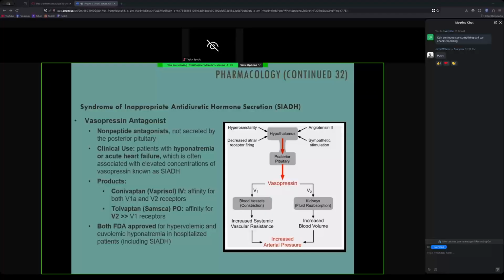And the Samsca or the tolvaptan is oral, and it's much greater selectivity for V2 over V1. Same kind of situation we saw with the desmopressin versus vasopressin. So both of the vaptans are FDA approved for hypervolemic and euvolemic hyponatremia in hospitalized patients, which include SIADH specifically.